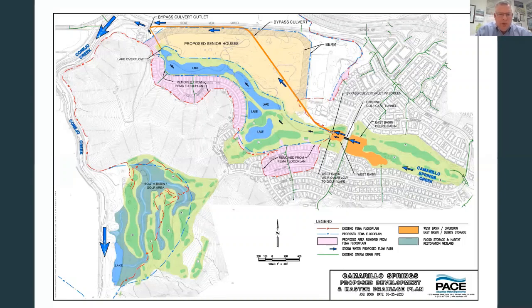And so from here, we can see a detailed map of the project site. And just to make sure that everyone has a frame of reference, the 101 freeway is right up here. And Camarillo Springs Drive, your entrance to your community, is right here.